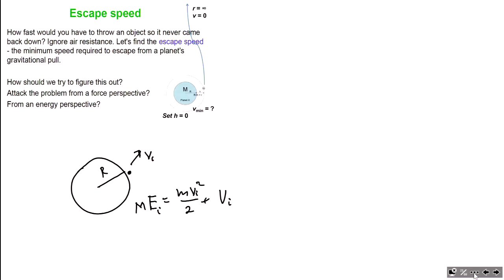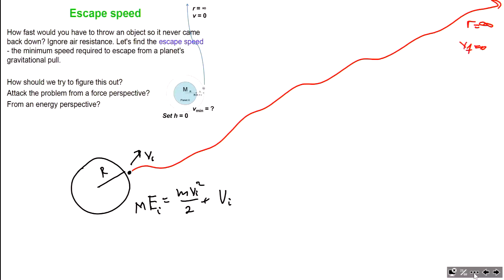But when this satellite is infinitely far away and it stops, the mechanical energy final still is equal to final kinetic plus final potential, but kinetic is 0 because it stops, and the potential is 0.